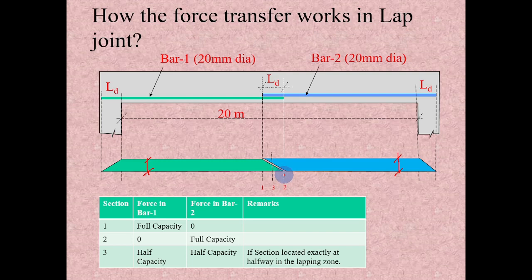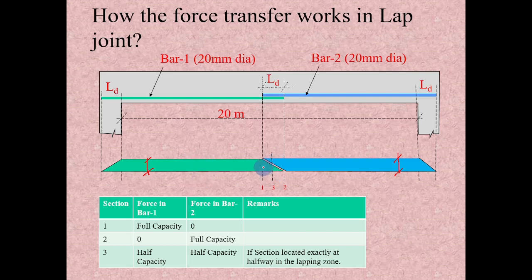If I see rebar 2, it will have zero capacity at section 1 and full capacity at section 2. If I consider a section anywhere in between, let's say section 3, exactly midway between these two sections, then the capacity of bar 1 and bar 2 will be equal, and each will be half of its yield capacity.